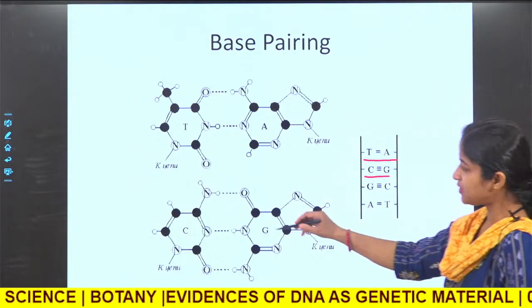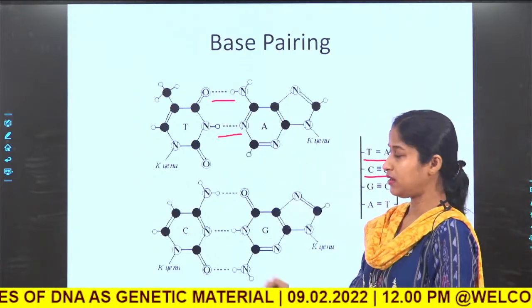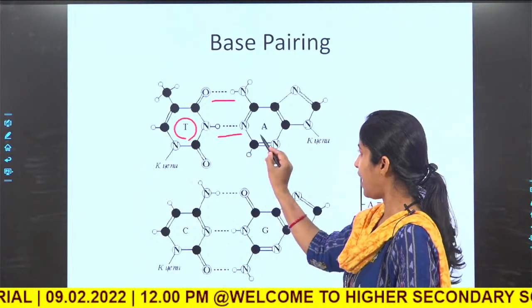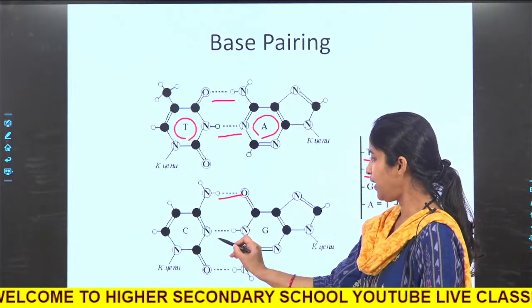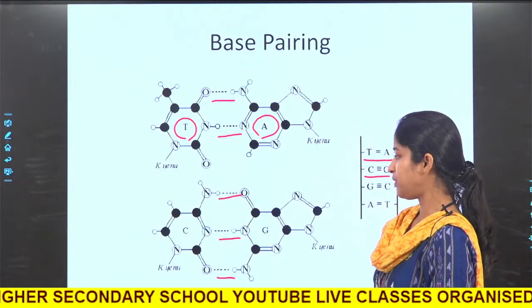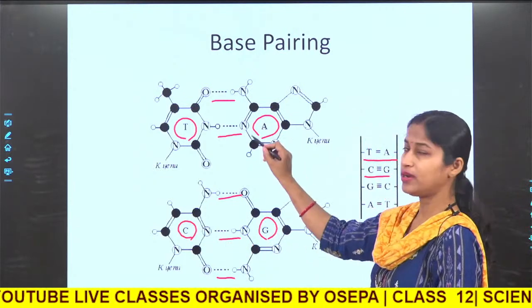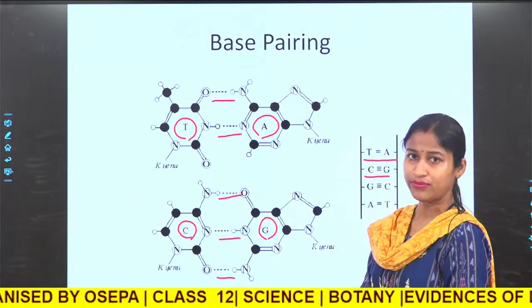Okay, and this is the basis of how they form. These are the hydrogen bonds formed between thymine and adenine, whereas these are the 3 hydrogen bonds formed between cytosine and guanine. So, here 2 hydrogen bonds are formed, here 3 hydrogen bonds are formed.